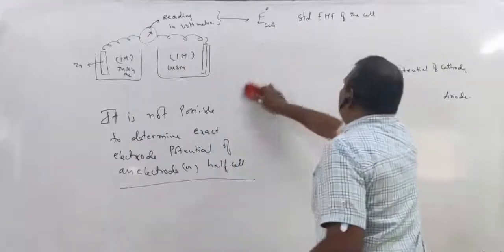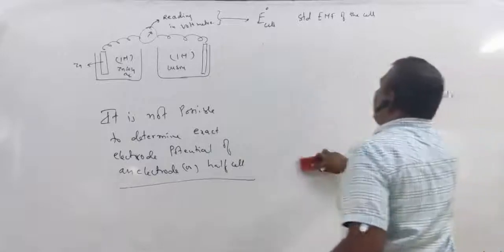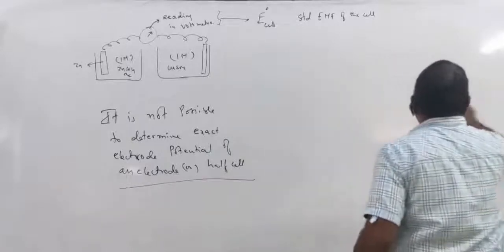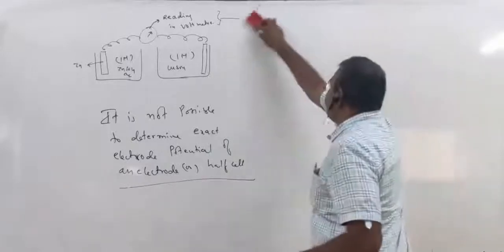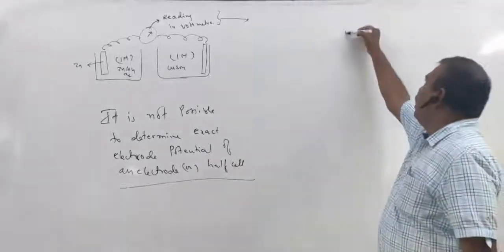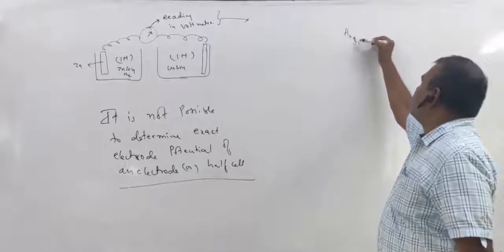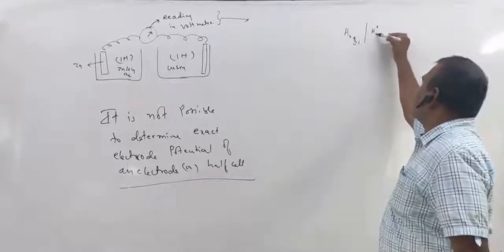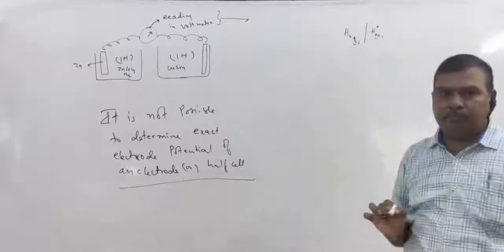Hydrogen electrode means hydrogen molecules must be in contact with H plus ions in the solution.